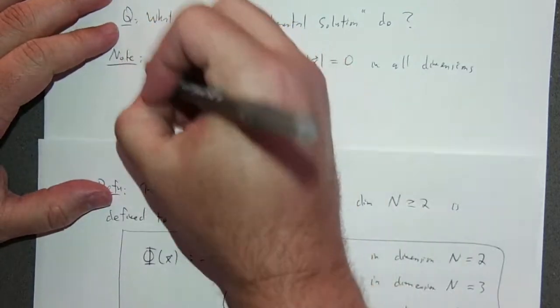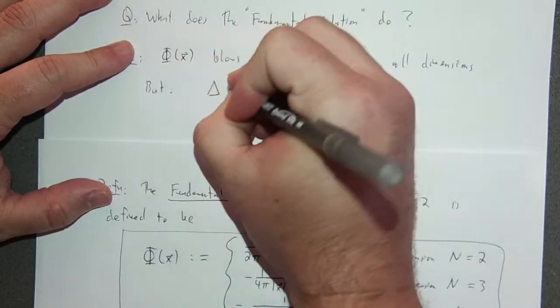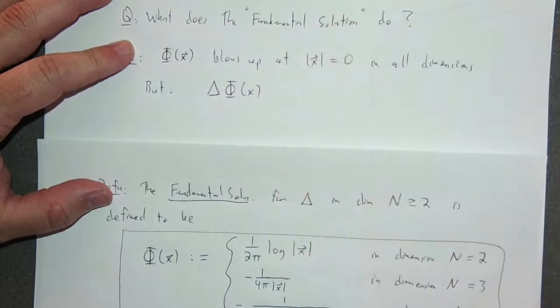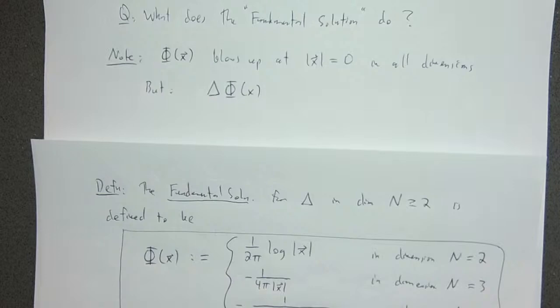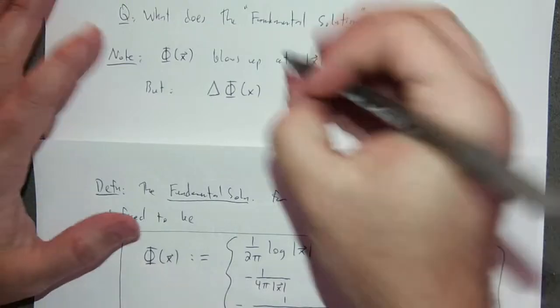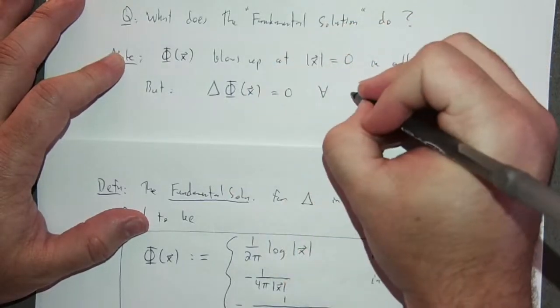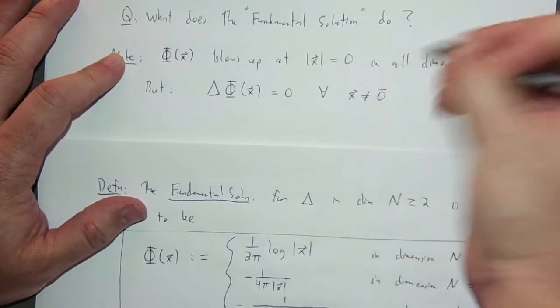But you can check that the Laplacian of phi of x is going to be 0 everywhere else. So this is going to be 0 for all x not equal to 0.